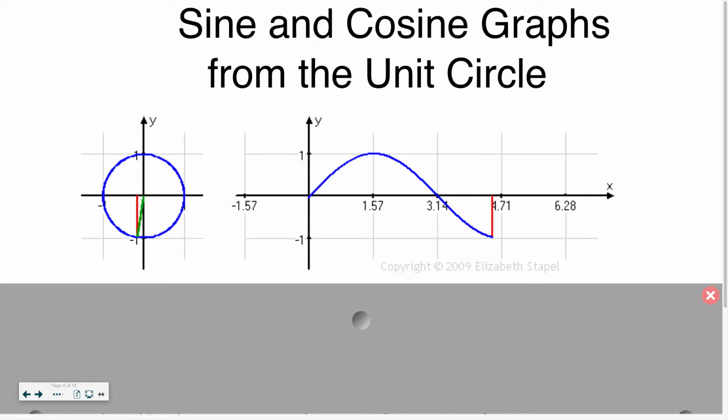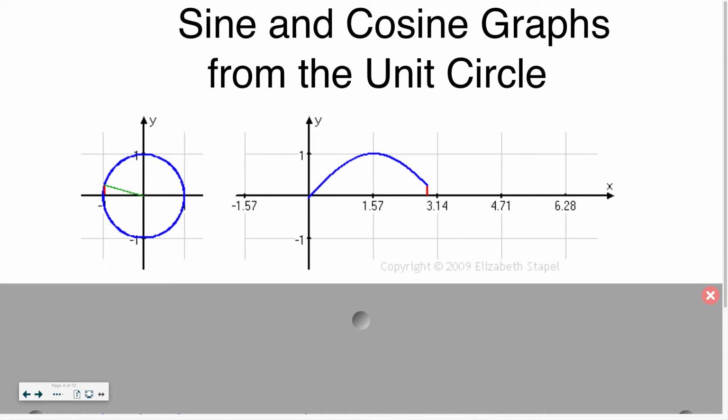This slide I'll go through pretty quickly, but if you're curious about how these graphs came to be or why they're waves, go ahead and Google sine, cosine, unit circle, graphs. You'll get all kinds of animations or videos you can watch. I like this one. You see a unit circle on the left, and the green is the angle value, so you're just going around all 360 degrees or 2 pi radians.